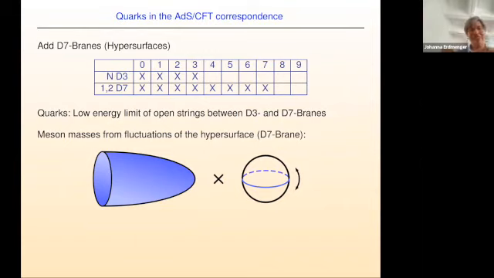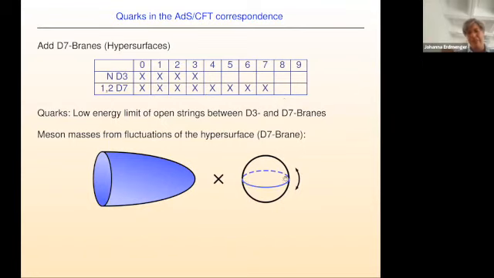Here, what we can do is to calculate the meson masses from the fluctuations of this particular D7 brane. In our 10-dimensional space, this is our anti-de Sitter space in 5 dimensions, and this gets totally filled by this blue D7 brane. But then we have an S5, and this S5 is in the 5, 6, 7, 8, 9 directions. The D7 brane wraps 3 of these, and 2 of them are empty.